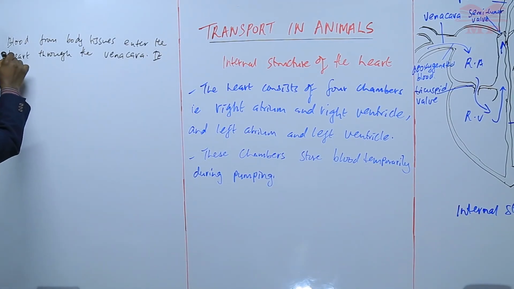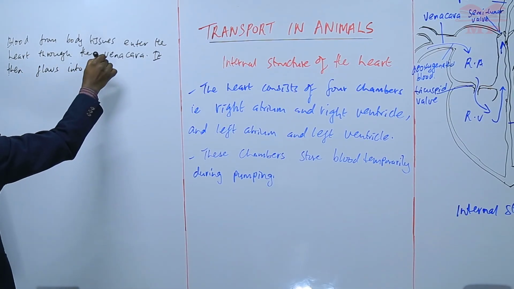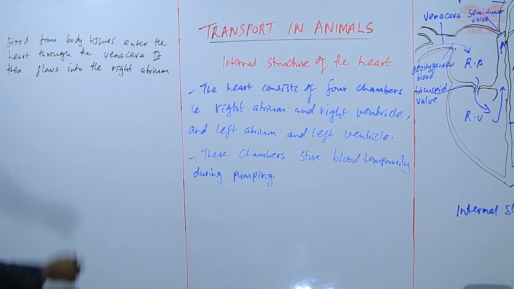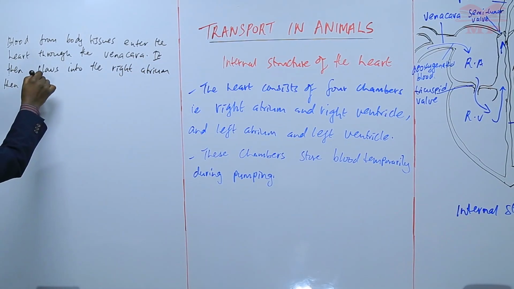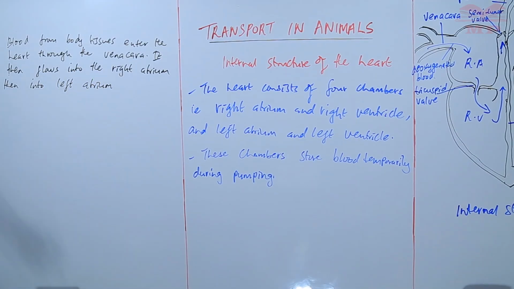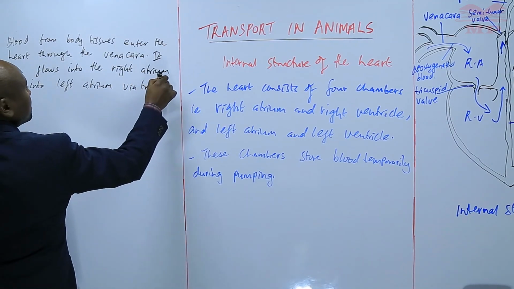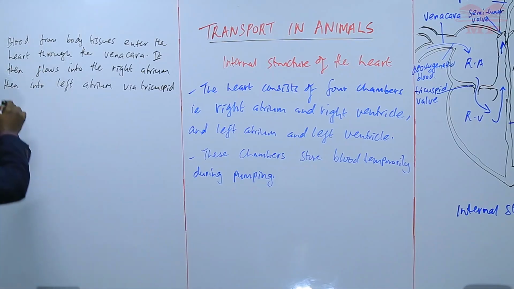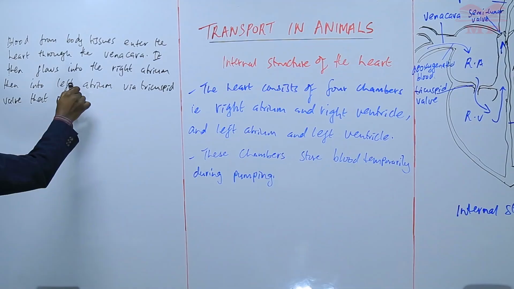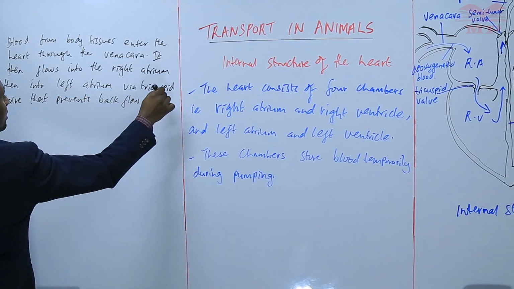It then flows into the right atrium, then into the right ventricle via the tricuspid valve, which prevents backflow of blood.